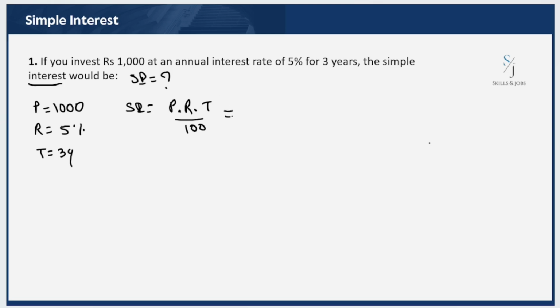Put the given data in the formula: 1000 into 5 into 3 divided by 100. So you will get a value of 150 rupees. So what is the simple interest? Simple interest is equal to 150 rupees that the person has earned by investing 1000 rupees at a rate of 5% per annum for 3 years. So this is the required answer.